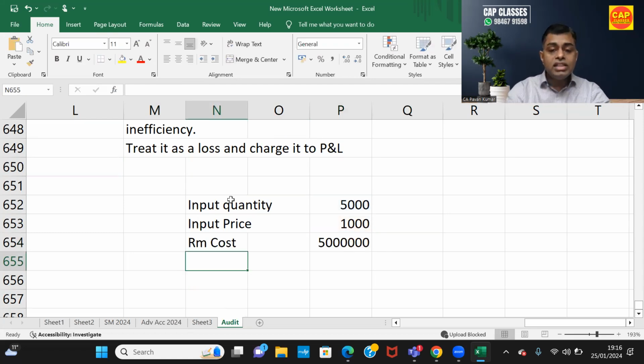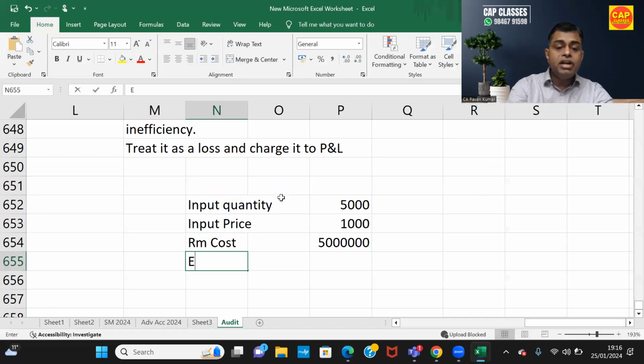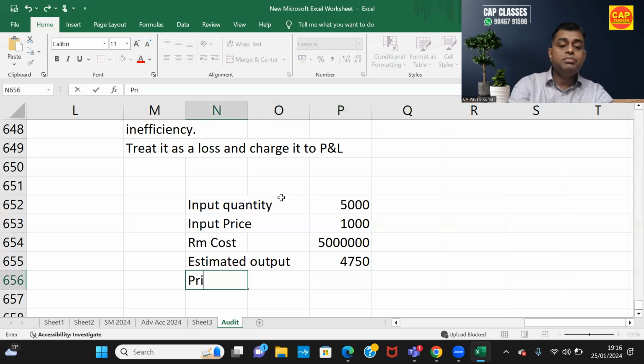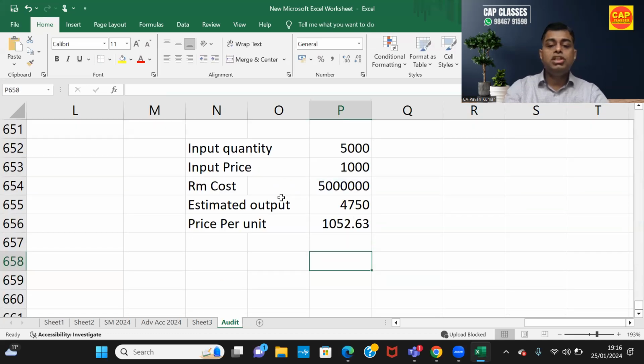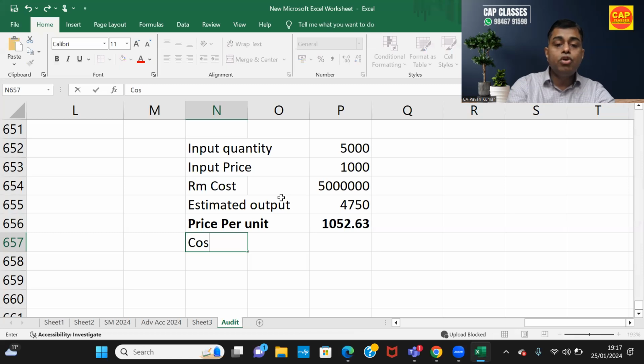So, what is the estimated output? For this 50 lakhs, what is the estimated output? 4,750. So what is the price per unit? Price per unit, this divided by this. 1052. So this is the cost of a good unit, equal to 1052.63.